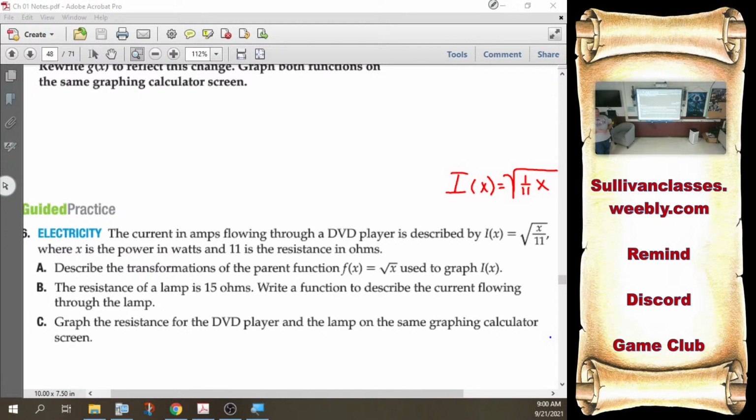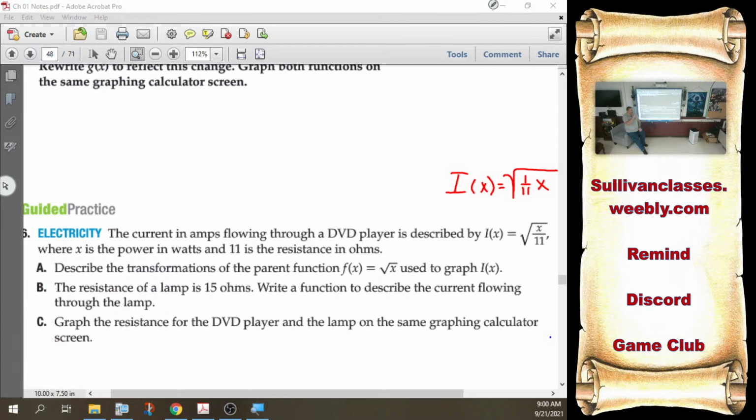It's a horizontal something. Go back to the Holy Grail that we put up yesterday. It is a horizontal stretch by... No. Is this in the B spot? 1 over B, the reciprocal of it. It's a horizontal stretch by a factor of 11. Think about it.